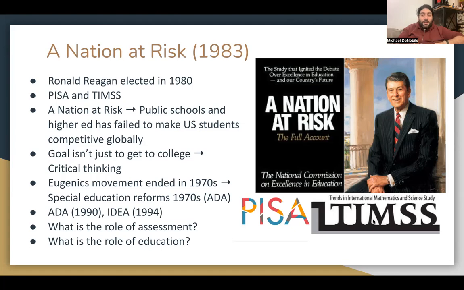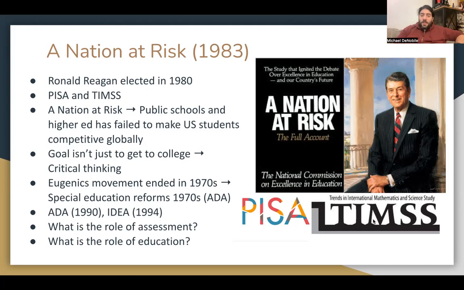We can now compare US students with European students, with Asian students in Asia. And I don't mean within the United States, I mean globally. So we can compare China and Japan with the United States. We can compare England and Germany and France with the United States. That's what these PISA and TIMSS tests were.